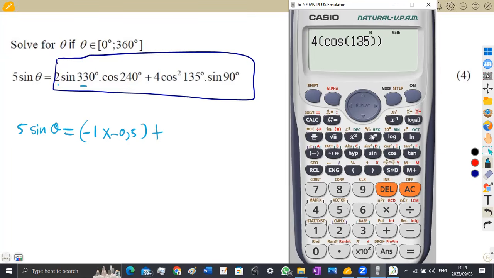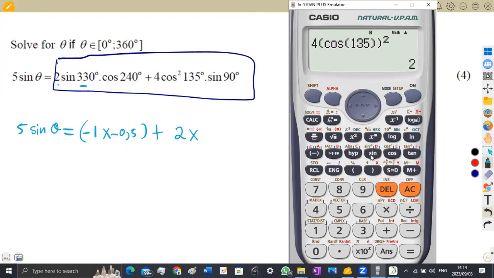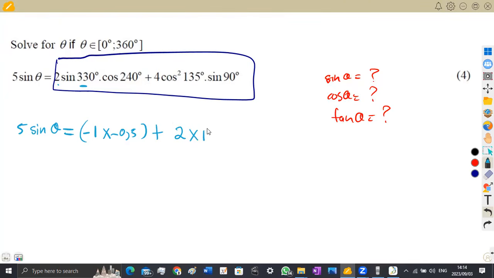You're going to close this bracket. You square it. That is how you represent it on your calculator. So this is going to give you a 2. So that's 2 times sine 90, which is the sine of 90 degrees, which is a 1. All right, so that's it. You combine everything. So what are we going to have at the end from this part?